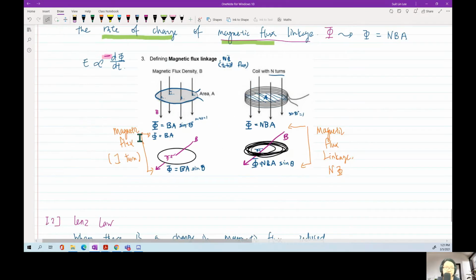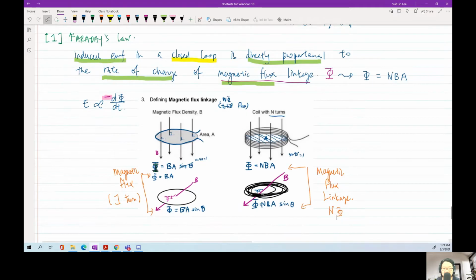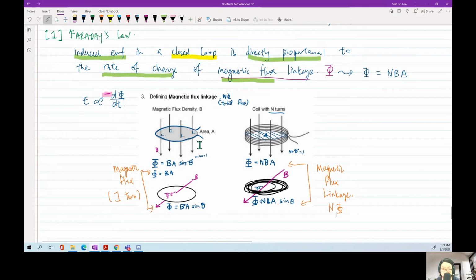Right now, we understand that if you want current to be created inside this coil, which is the whole idea of induced EMF, which is the reason why you even have electricity in the first place, something is changing the magnetic flux in the circuits in your house. So what causes that change in magnetic flux? You have so many options.